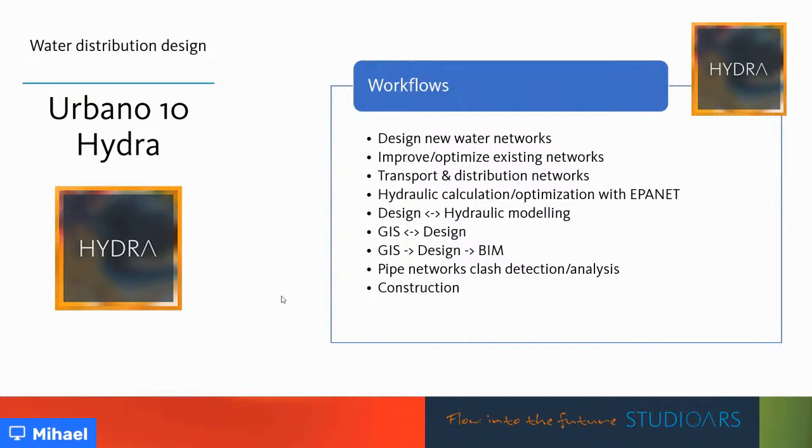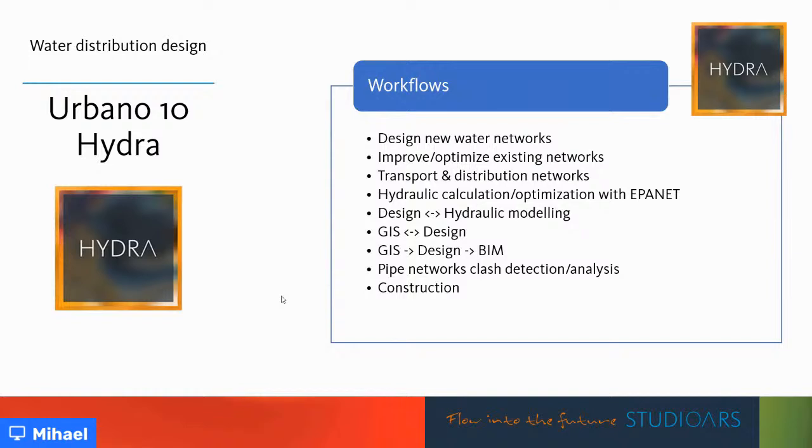So what workflows can you do with Urbano Hydra? So of course, the first thing that comes to mind is designing new water networks and improving some existing or optimizing some old water networks. And this is true for distribution networks, but also for some long distance transport networks.